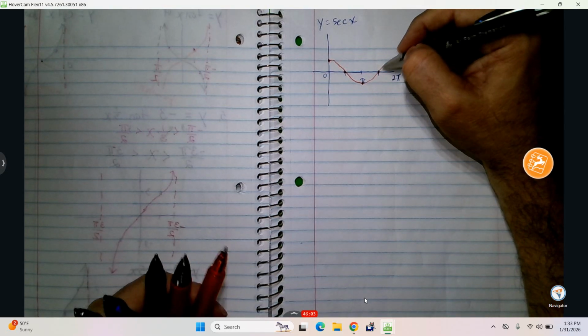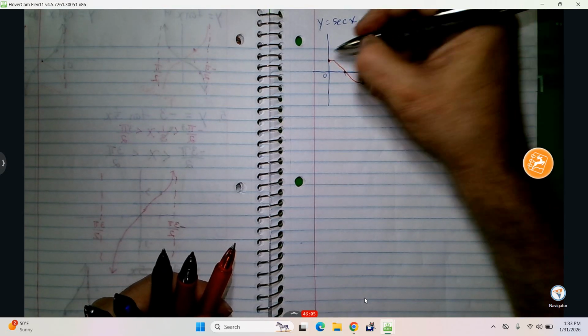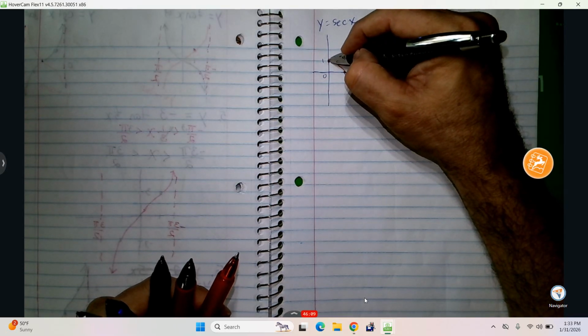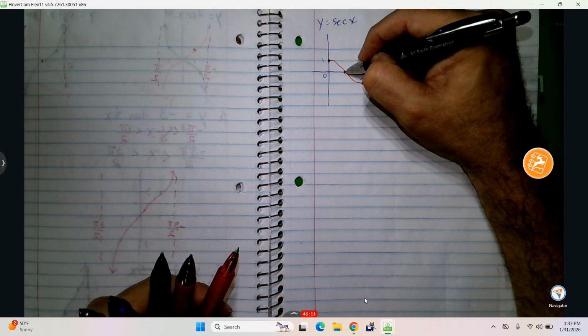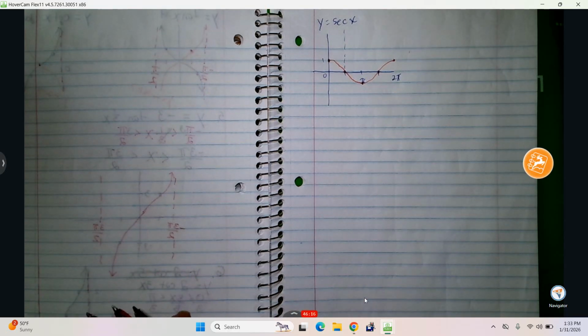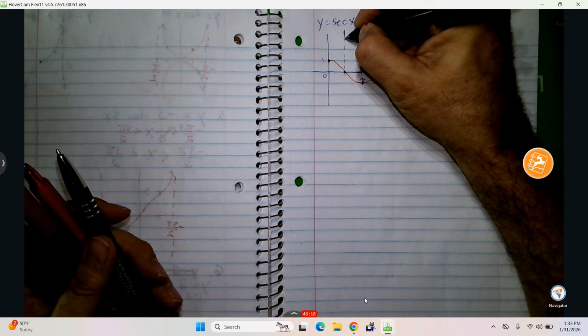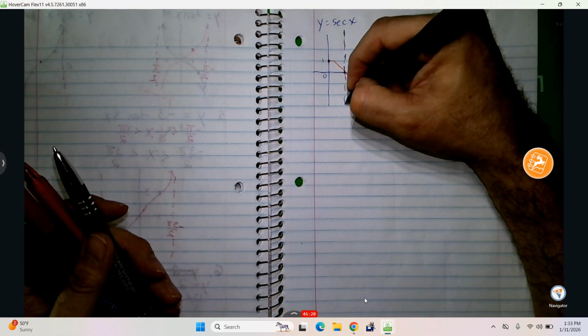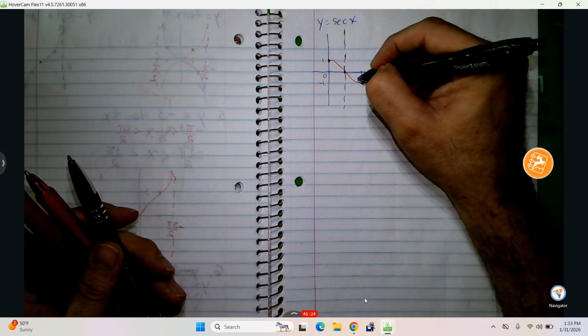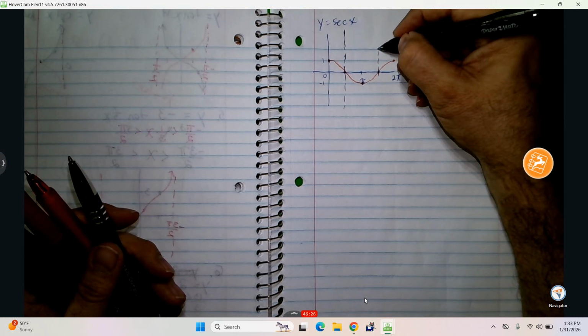Asymptotes, we're now taking reciprocals of all of these numbers. This number right here is a 1. The reciprocal of 1 is 1. The reciprocal of 0 is undefined. And to show the undefined, we're using vertical asymptotes. The reciprocal of -1 is -1.